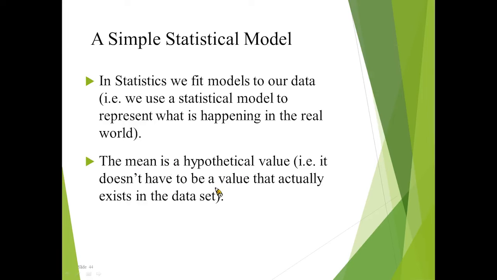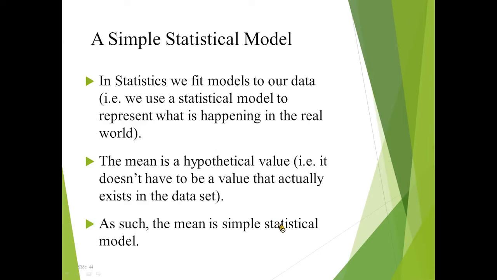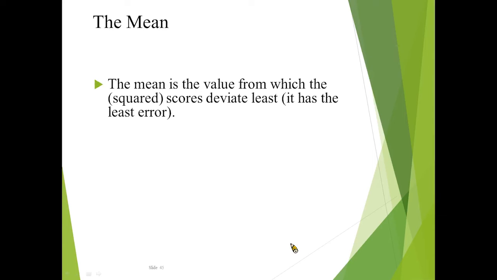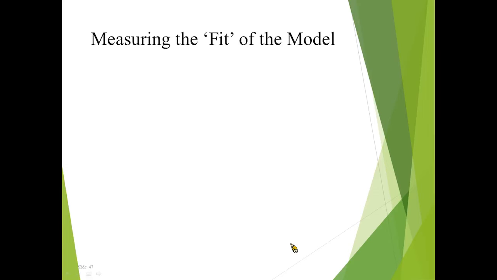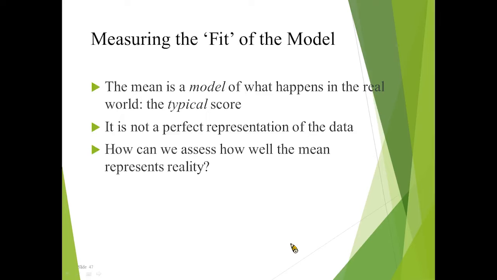It doesn't have to be a value that actually exists in the data set. As such, the mean is a simple statistical model. So the mean is a model of what happened in the real world.